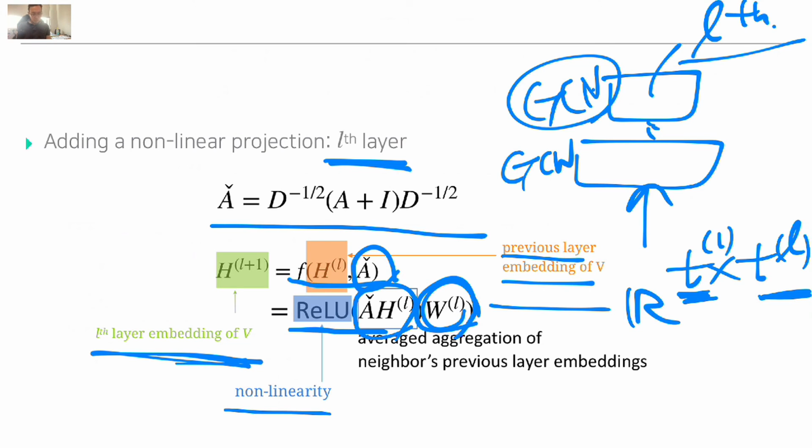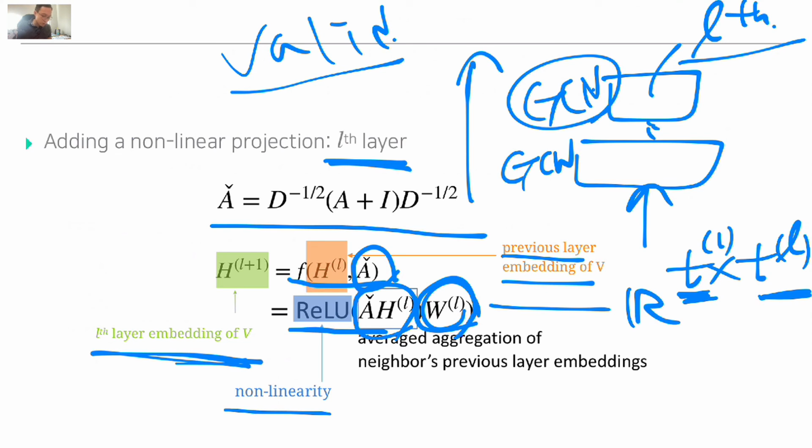That's all. We keep stacking the GCN layers deeper and deeper, and we are able to get another representation. Choosing the size of the layers and the number of layers is a hyperparameter choice. Using the validation data set, we choose the proper number of GCN layers.